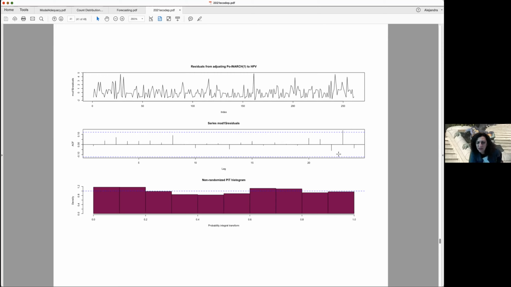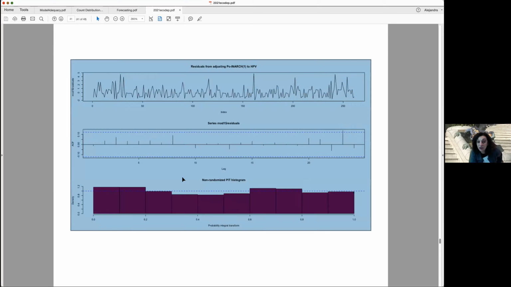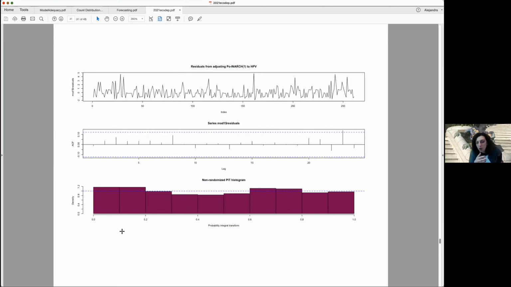I don't know what happens in this lag. And then the probability integer transform gives more or less the same problems as before, meaning that we still have some overdispersion problems.